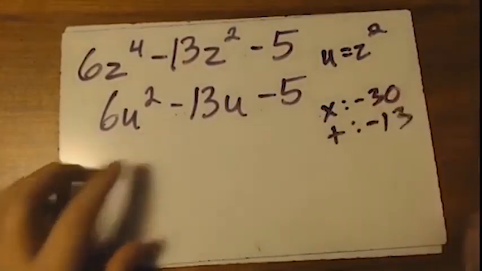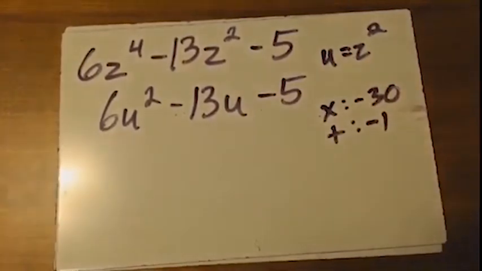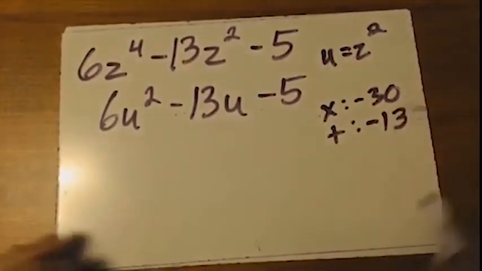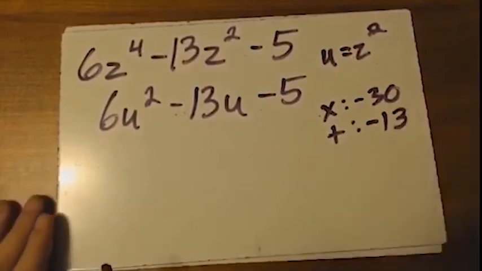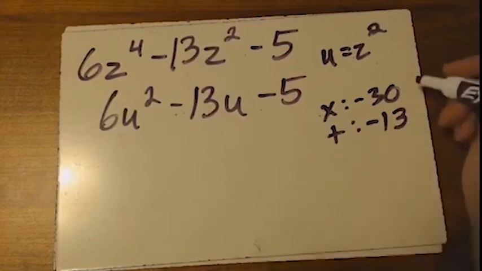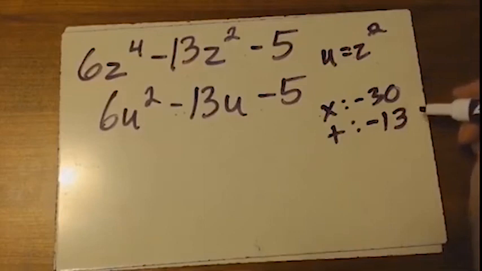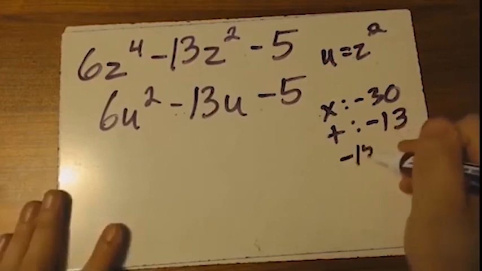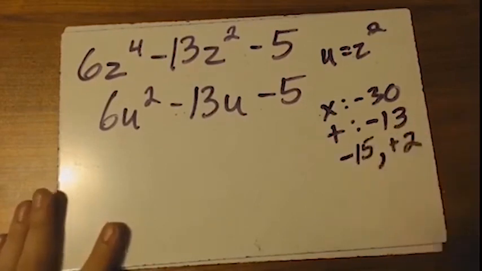We want numbers that multiply to negative 30 and add to negative 13. It's going to be negative 15 and positive 2.